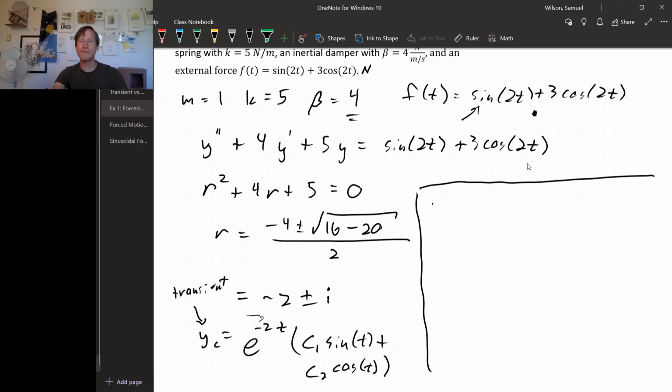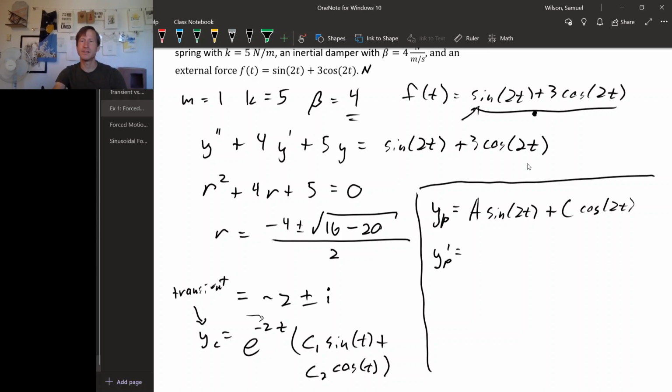So for undetermined coefficients with this function on the right-hand side of our equation, our guess is going to be a times sine of 2t plus something else times cosine of 2t. And now we can start taking derivatives.